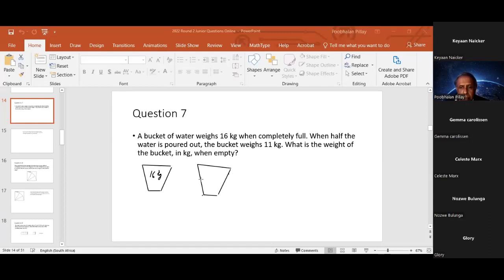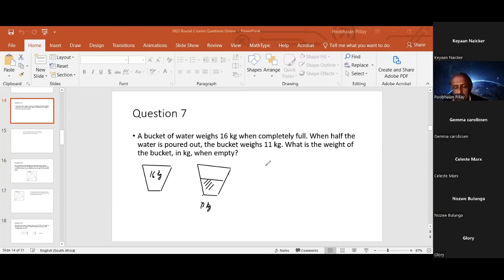So now half of it is poured out, and now the bucket weighs 11. So what does it mean? The weight has dropped down by 5 kgs, right? So what weighs 5 kgs?